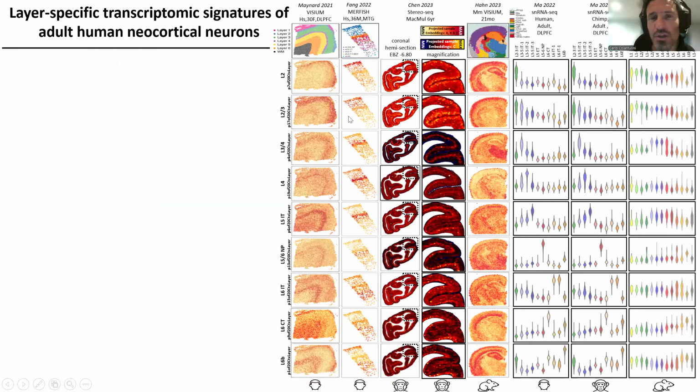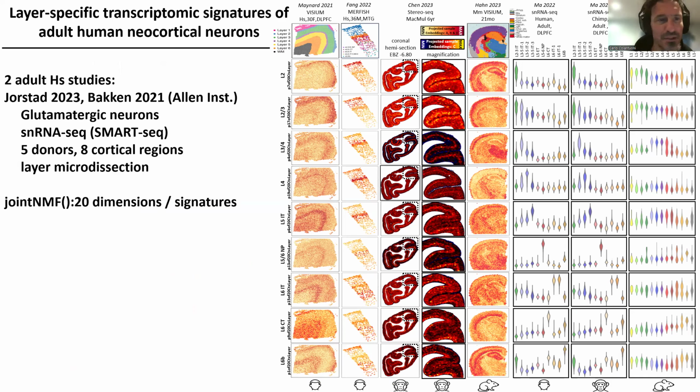Okay. So as I mentioned, the beginning of the paper starts in development, but where I want to talk about today in these laminar identities begins from adult human data. So we'll get into what all of those panels on the right are, but first we grab two very large human adult studies from the Allen Institute, single nucleus RNA sequencing.